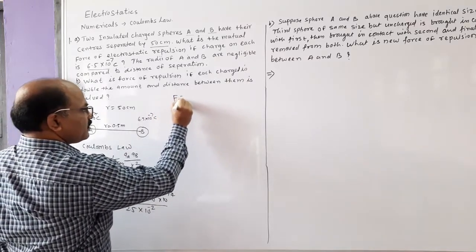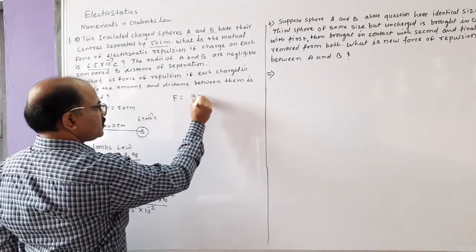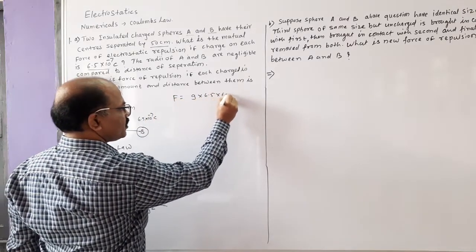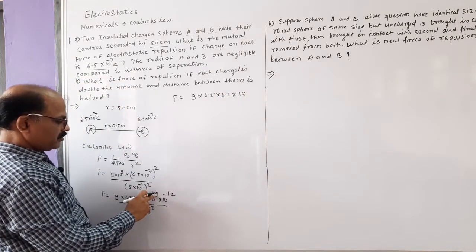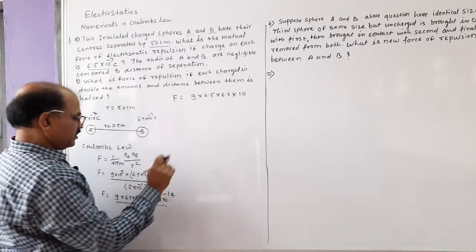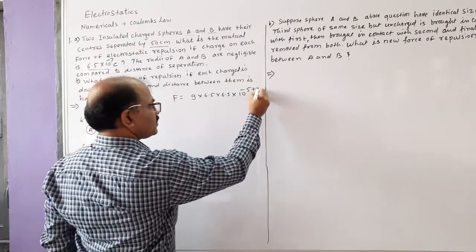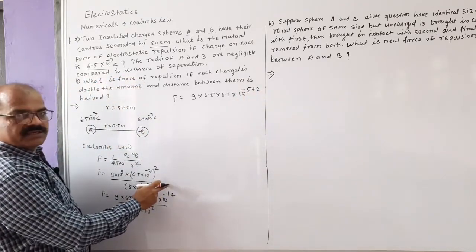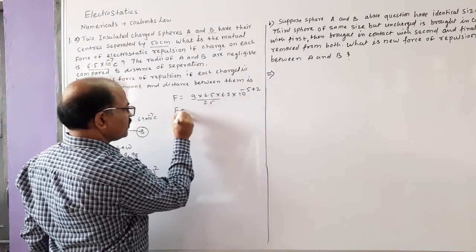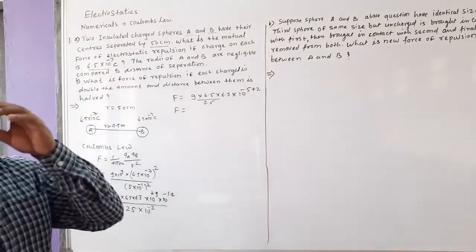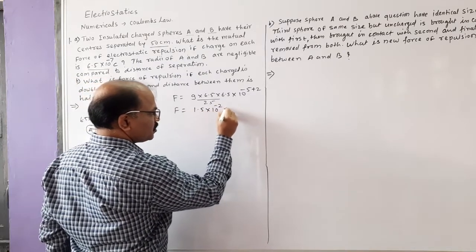By simplifying this, F is equal to 9 into 6.5 into 6.5 into 10 raised to minus 14 plus 9, this will be minus 5, plus 10 raised to 2, ऊपर जाएंगे तो ये becomes plus, divided by 25, and after simplification this value becomes 1.5 into 10 raised to minus 2 Newton.